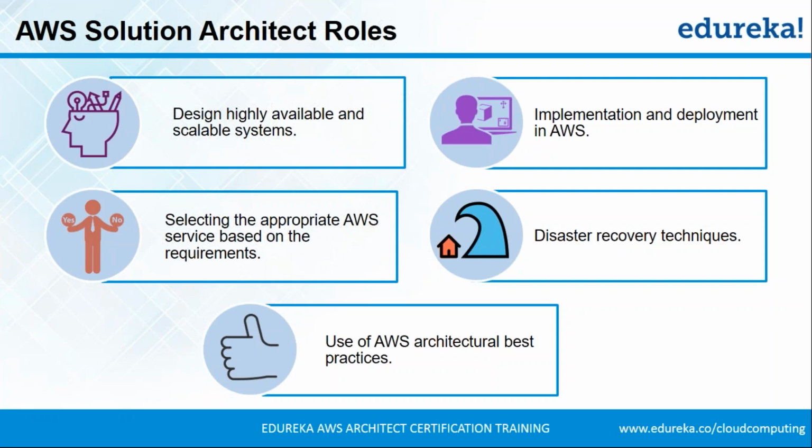The fifth role is to make use of all AWS architectural best practices. Now, AWS architectural best practices are published on the AWS website, right? Best practices have actually been provided by AWS, keeping in mind how they have made their environment or how they have made their infrastructure, right? So if you follow these best practices, these have also come out of the experience that AWS solution architects have put in, right?